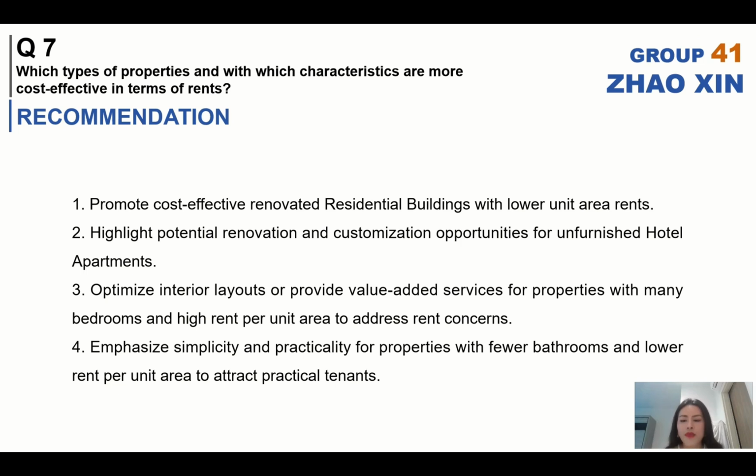The third one, optimize interior layouts or provide value-added services for properties with many bedrooms and high rent per unit area to address rent concerns. The last one, emphasize simplicity and practicality for properties with fewer bedrooms and lower rent per unit area to attract practical tenants.